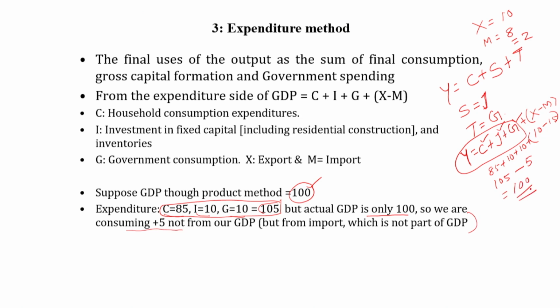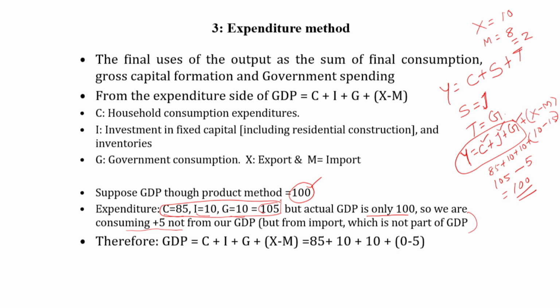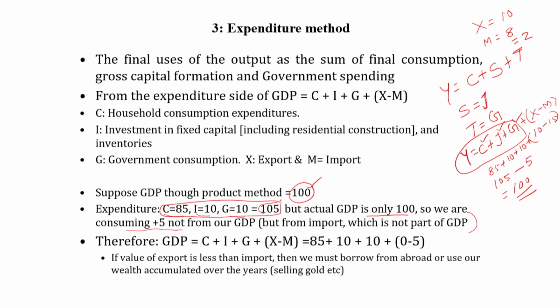So using the expenditure method, you can calculate GDP in this way. That means calculating GDP using consumption, investment, government expenditure plus export minus import. To summarize, from this example you can see that the total expenditure calculated using this method gives us the GDP for this country.